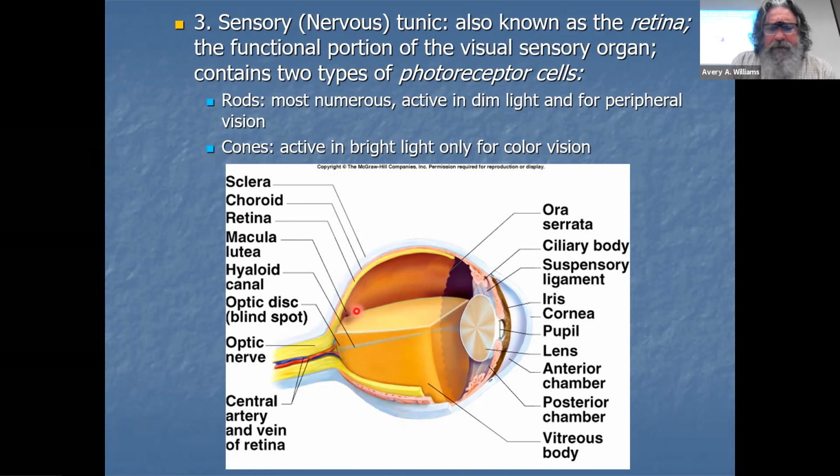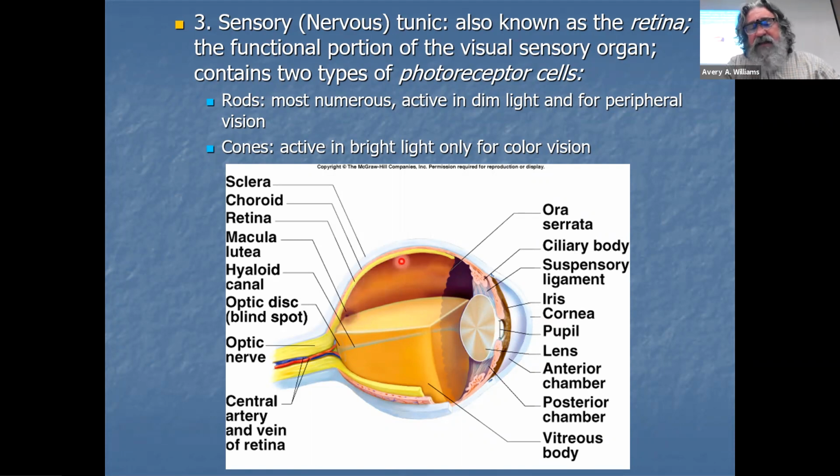And those are situated and more concentrated right behind the pupil. That makes sense. If you're looking straight ahead, here's your pupil. You get a beam of light coming through straight like this, and bam, it strikes right here in the back of the eye. So you got most of your cones right here, and then the further away you move from this bullseye, we'll call it for right now, the fewer cones you have.